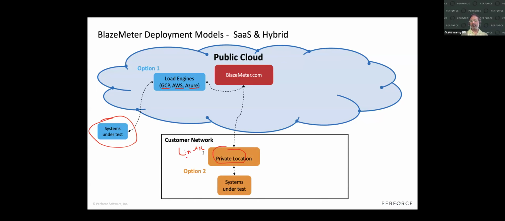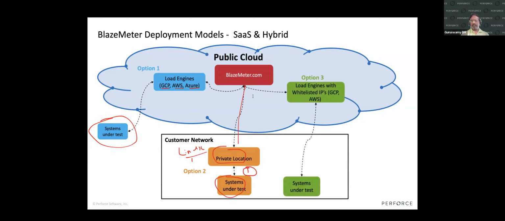Of course, this can also be containerized, using Docker or even Kubernetes, all hosted within your network alongside your system under test. One thing you will get is low latency, since both the load generators and the system under test are within the network. What you need is just outbound access from this private location to Blazemeter to send the results and trigger the test. That's all that's needed.